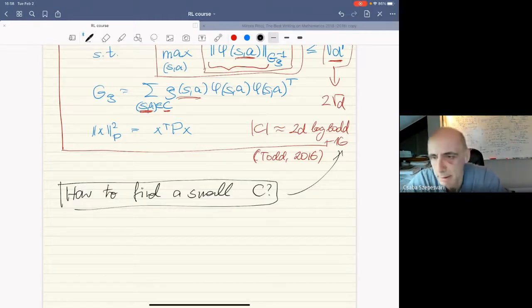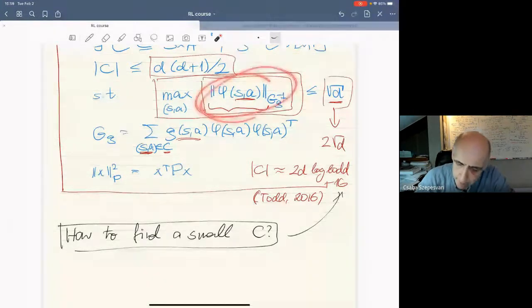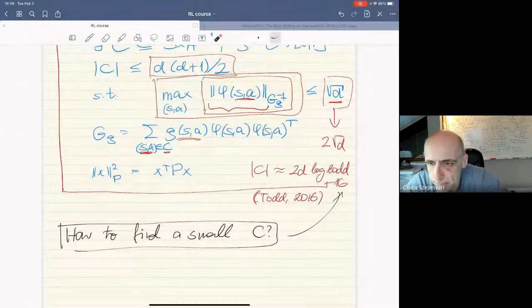Currently, the only answer I can give is that if, together with the feature map, I'm also given this set C or some set of similar properties such that this quantity here is under control, so it's not much bigger than what's written here, like a polynomial of d, then I'm good.